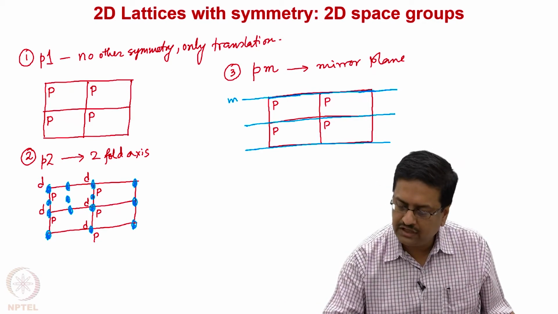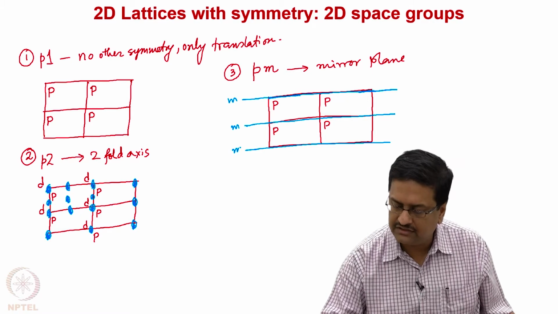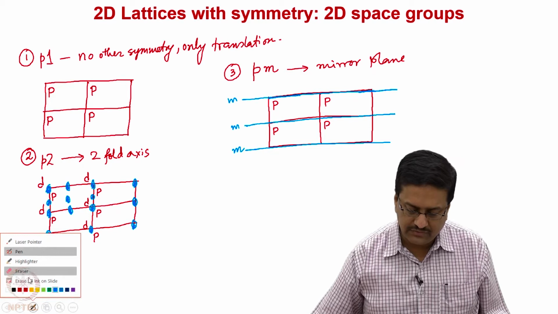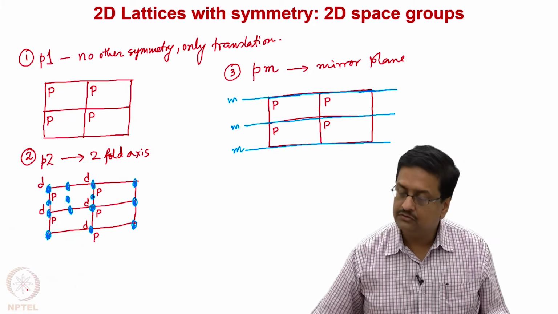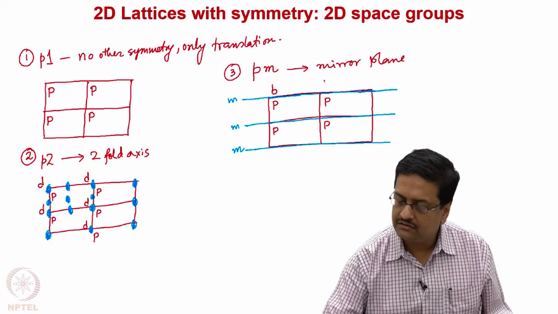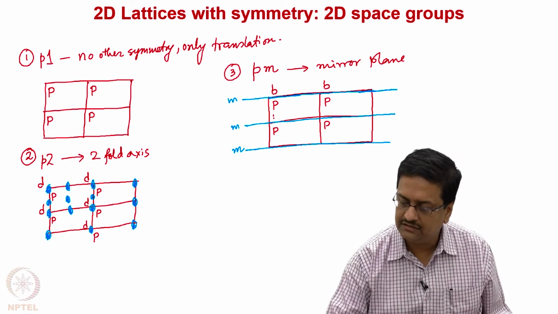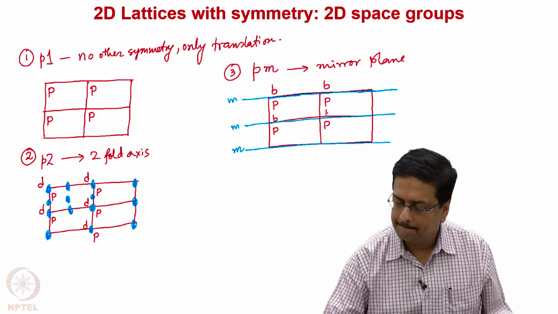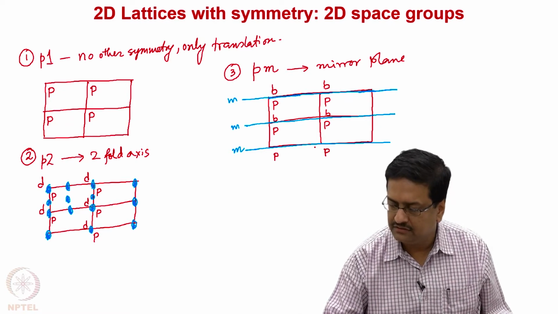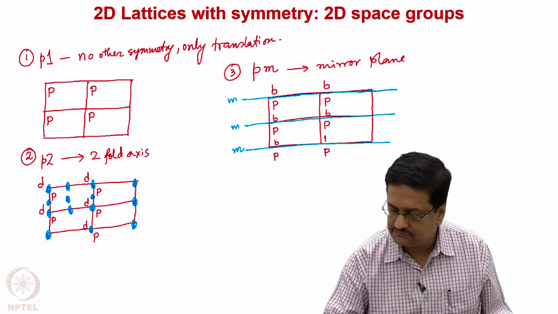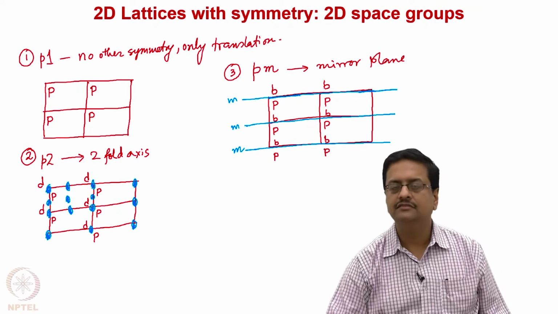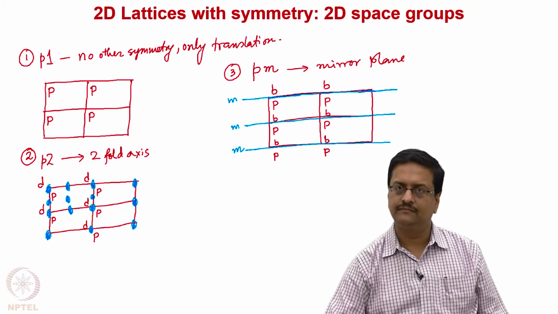So these blue lines are mirrors that are present in this lattice. So what happens when we apply this mirror to the object that I have taken? I get mirror image related objects like this. The translation comes here, the mirror comes there. So now P becomes B by a mirror operation.